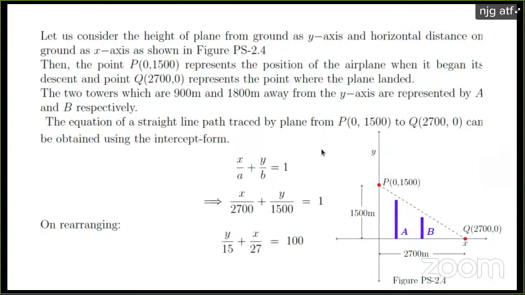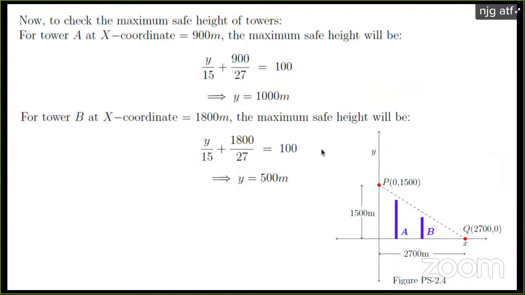Okay. Now the second part of the question is the maximum heights of towers A and B. To check the maximum heights, if you go just above tower A, there is a point on that straight line.